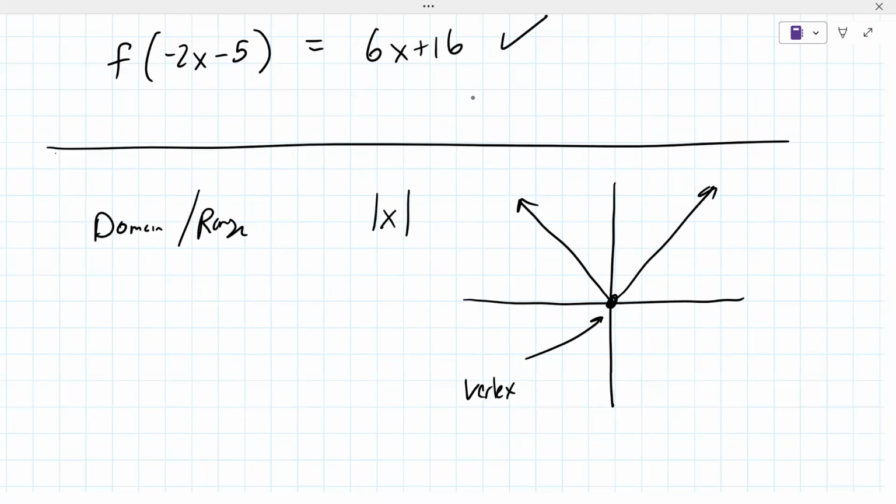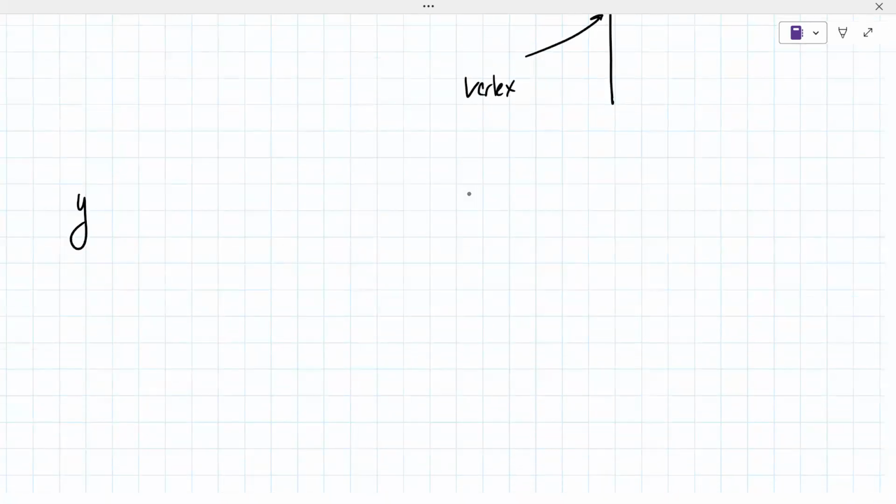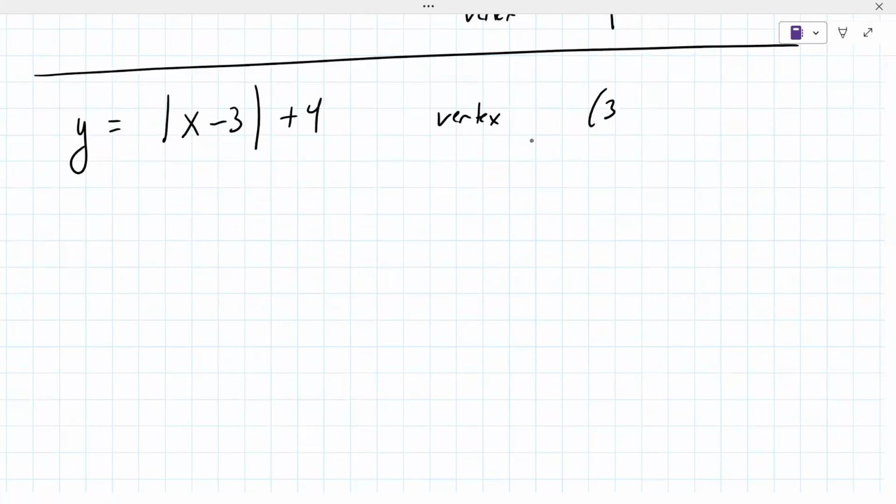Okay. So I'm going to give you a couple of problems here where I write out something like this, and I tell you that the vertex of this graph is 3 comma 4. I'm going to give you x plus 2 minus 1.